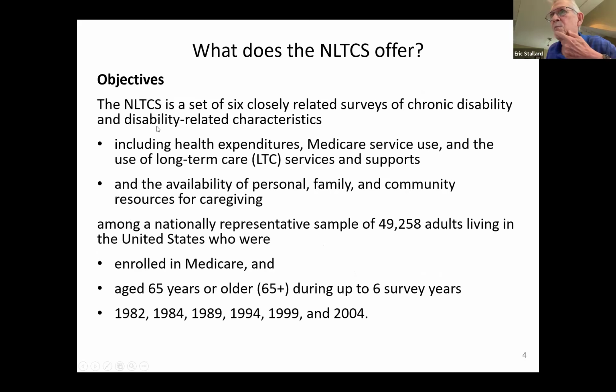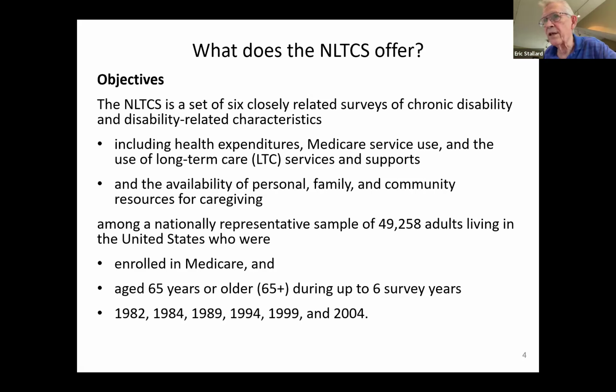So the objectives were: the NLTCS evolved into a set of 6 closely related surveys of chronic disability, and they include health characteristics, Medicare use, and use of long-term care supports, along with a whole range of items addressing availability of personal, family, and community resources.